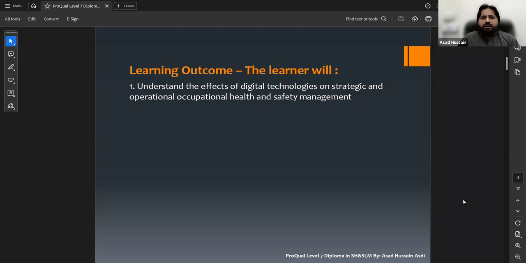So the first learning outcome is showing the same, that the purpose of this learning outcome is to give the candidates the understanding of the effect of digital technologies, that how they are affecting the strategic operational activities of any organization's occupational health and safety management system.